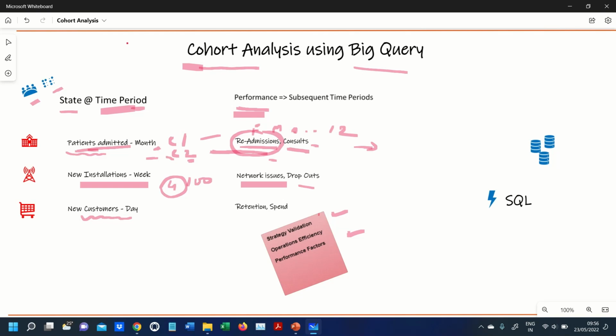The sales data of a particular month can be organized, and see how many people who joined or who took the membership on a particular day, from 1 to 31. So on a particular month's sales data you can take and see that people who joined in the first day, how many have reoccurred, how many have purchased again, how many have visited the store again in their subsequent periods of time, that means the next days.